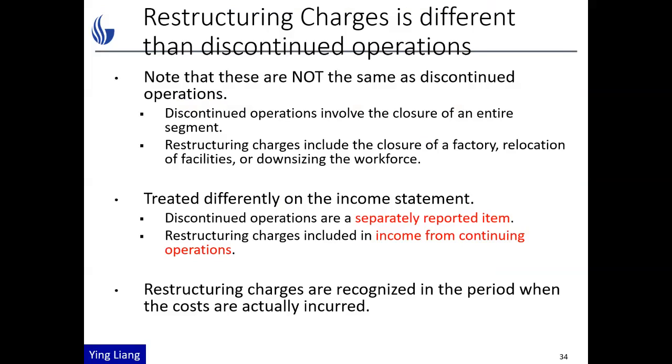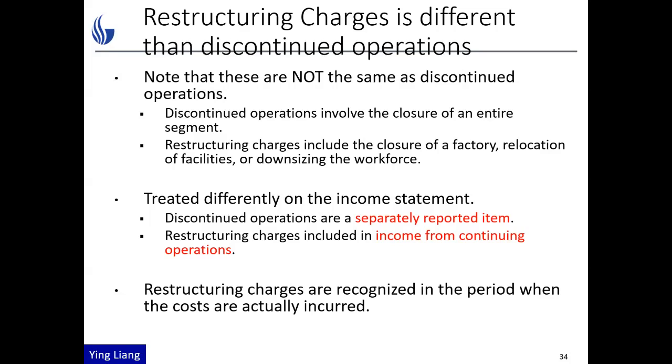But restructuring charges include closure of a factory. You are closing down a factory, or you relocate the facilities from Alabama to, say, Atlanta, or you are downsizing the workforce. These are also treated very differently on the income statement.